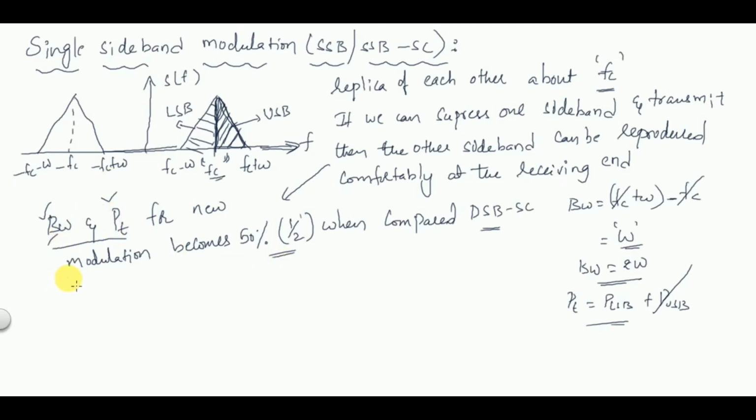This fact gave rise to a new modulation scheme, called the single sideband suppressed carrier modulation scheme. This is the idea behind the invention of SSB-SC.